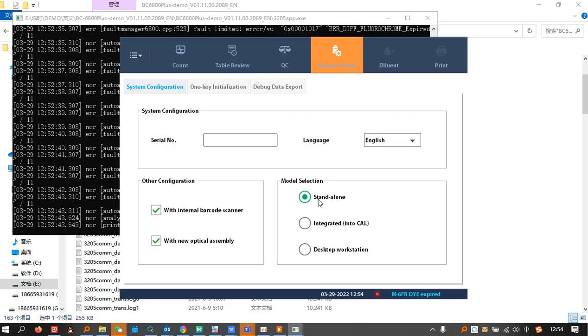So you need to set it as a standalone and then install it to the standalone autoloader, and it can finish the initialization and alarm something. But you can enter the system and you can troubleshoot and upgrade the software.